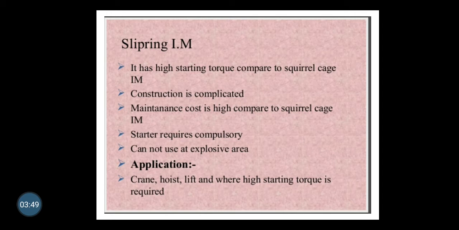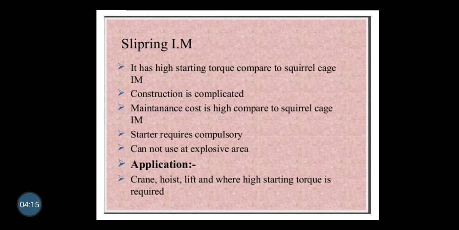This type of induction motor requires starters compulsorily, because without a starter it cannot start. And this type of induction motor cannot be used in an explosive area. An application of this type of induction motor is where the requirement is a high starting torque, that is used in a crane, hoist, lift.